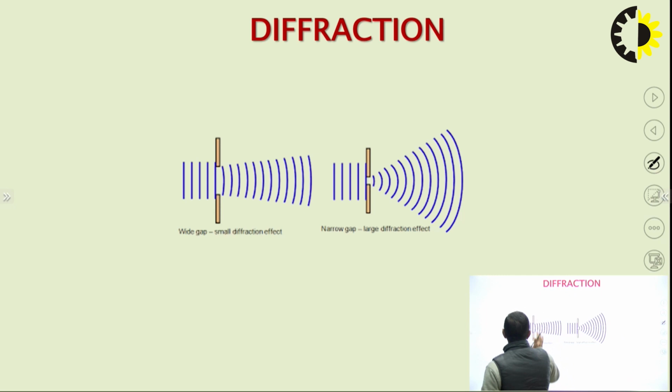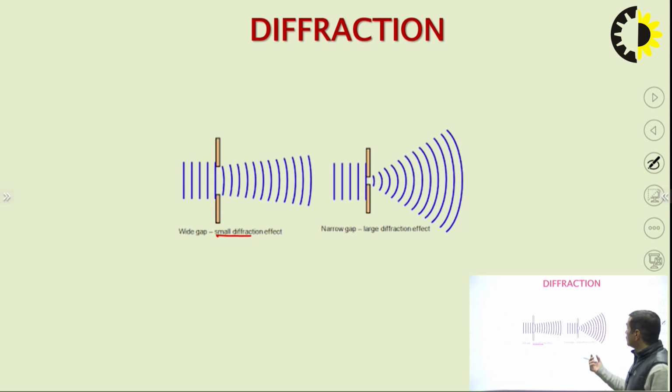Here you can see there are two types of aperture. In the first case there is a wide gap, so diffraction effects will be small. But if the gap is narrow, of the order of the wavelength of the light source, then you can see the diffraction effects will be maximum. That means the spreading of the wavefront will be maximum.